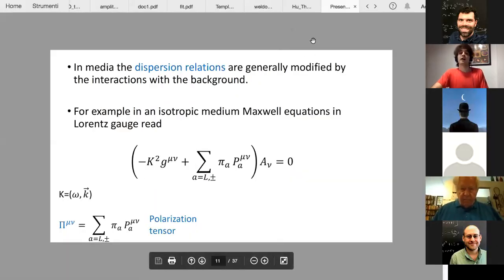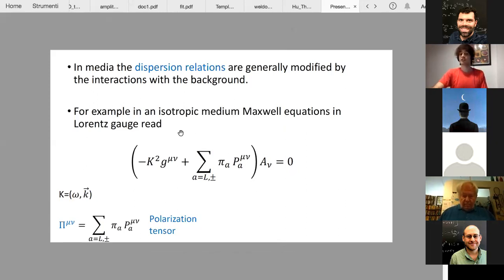Okay, and at the end of the day, you will have a modified Maxwell equation that is this one. Okay, let me explain this equation. You have this term here that I hope you can see, which is the polarization tensor of the medium.